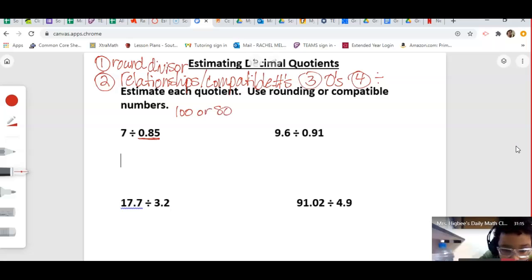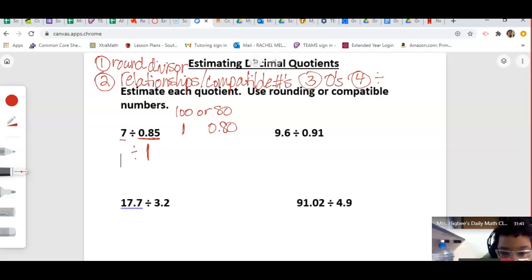Okay. So let's think about what that means in the context of a decimal. Okay. So the 100 would actually be a 1, a whole number, versus 80 would be 80 hundredths. Which one of those is more friendly? 1. So I'm going to change this to 1. Okay, that's not very far away, is it? Not at all. Okay, so now we look for a relationship.